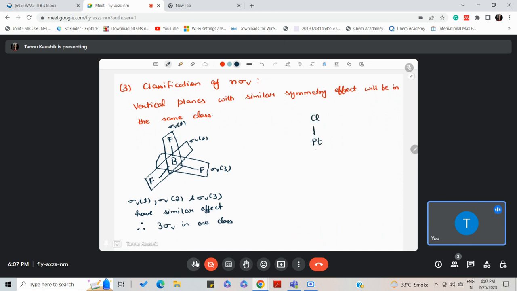And if we take this example of PtCl4 again, so here we have one plane having this platinum and two Cl atoms on it. This is one sigma v plane. This is sigma v2, and there is another plane passing between the bonds.